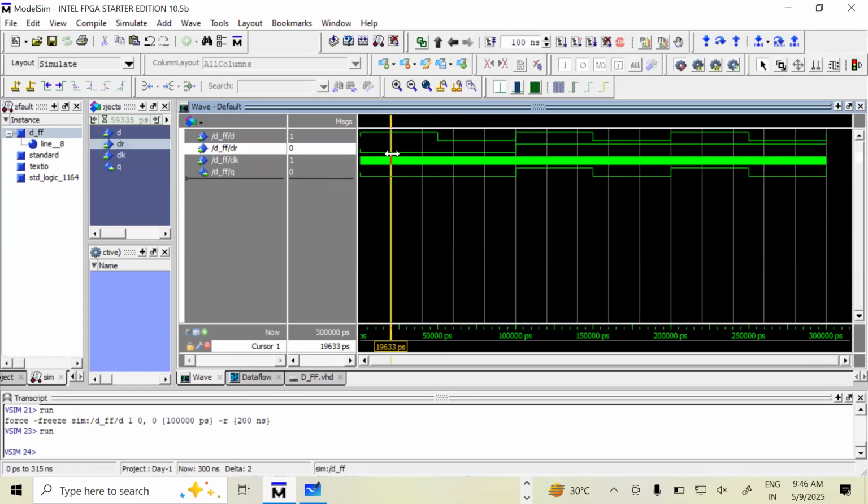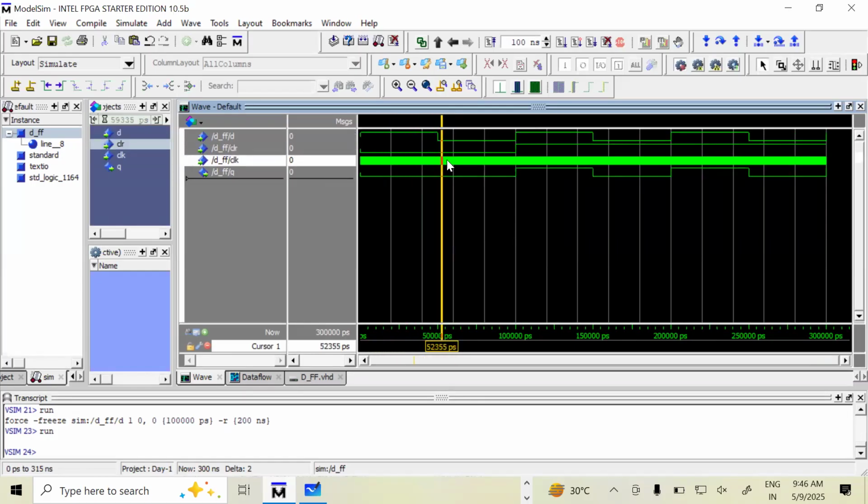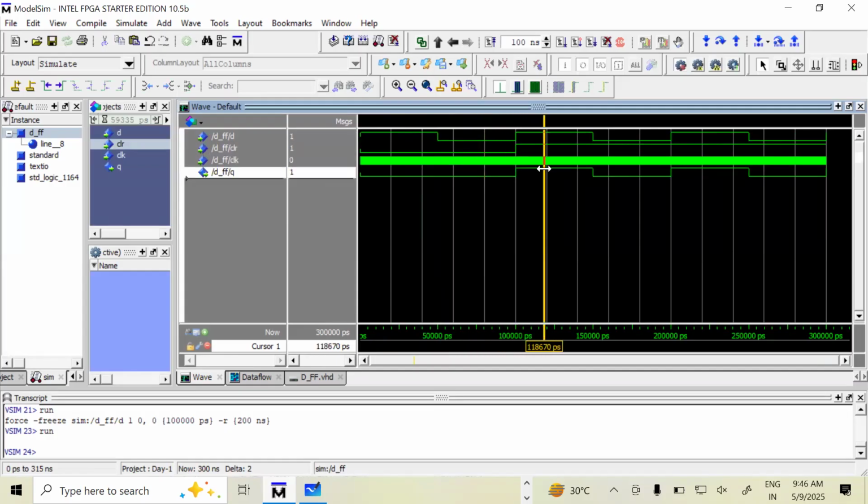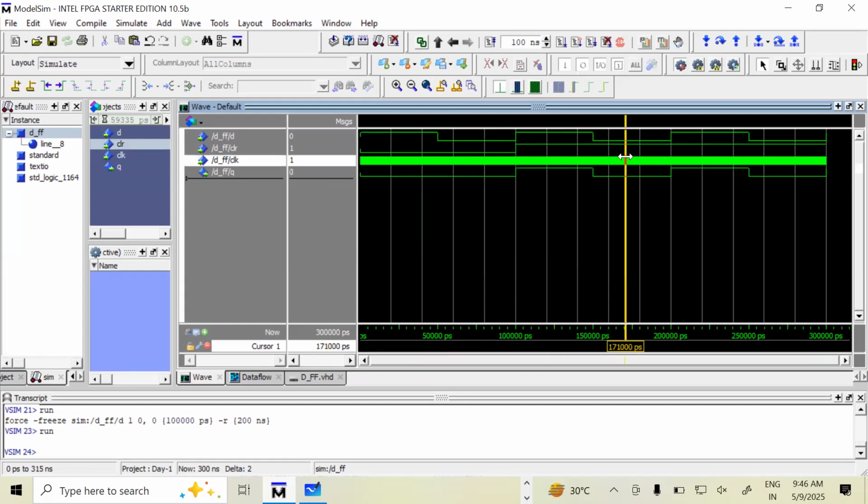See here, the clock is applied. You can see when D is 1, Q is 1. When D is 0, Q is 0.